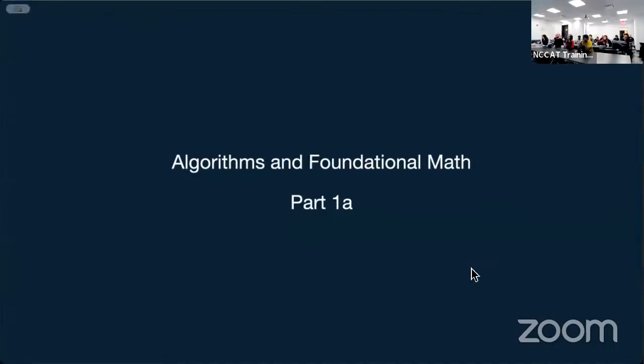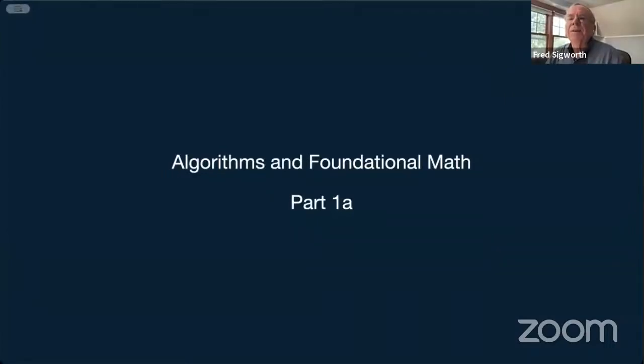All right, so I'm going to do the impossible this morning, which is to tell you all about the foundational mathematics leading up to 3D reconstruction, 3D classification, all that stuff.